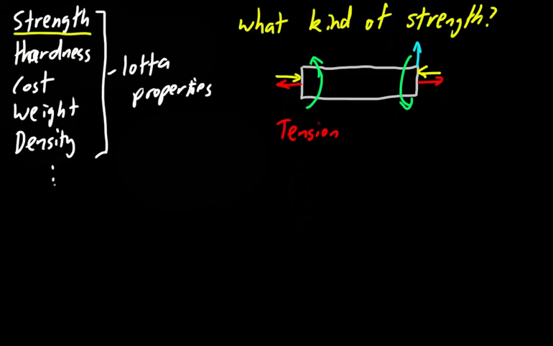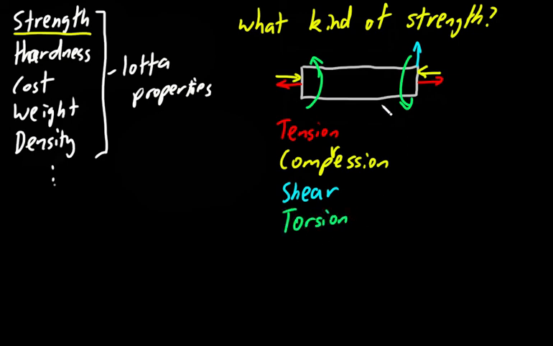This yellow one where you're pushing things together is called compression. The blue over here is what you call a shear force or shear load, sliding over. And that green rotation is what we call torsion, or torsional forces.